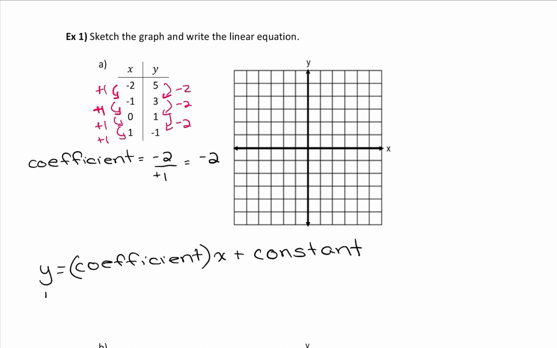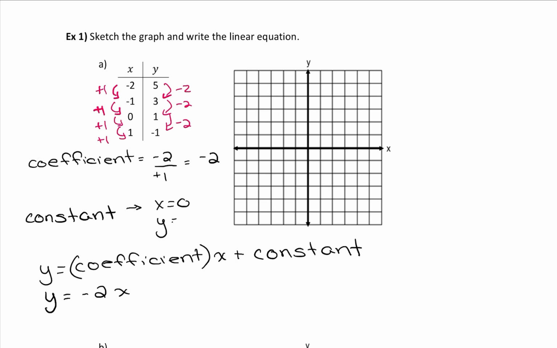So now let's start writing our equation. Y equals, we now just figured out the coefficient is -2. So instead of coefficient times x, we can write -2 times x. The last thing we have to find is the constant. So if we're working from the table of values, the constant is the point on the graph where x is 0.